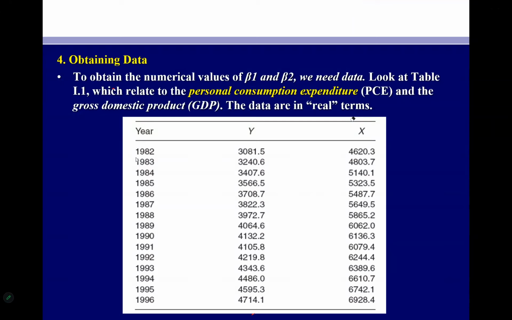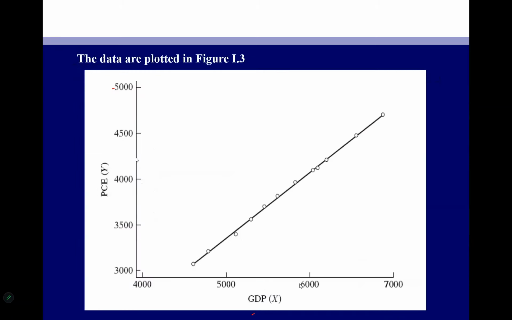Real value means we have removed the inflation from the values. Now using these data, you can estimate the regression model. This shows the estimated regression model with observed values and predicted values. The observed values are the actual values. Some values are on the regression line, some deviate from the regression model.